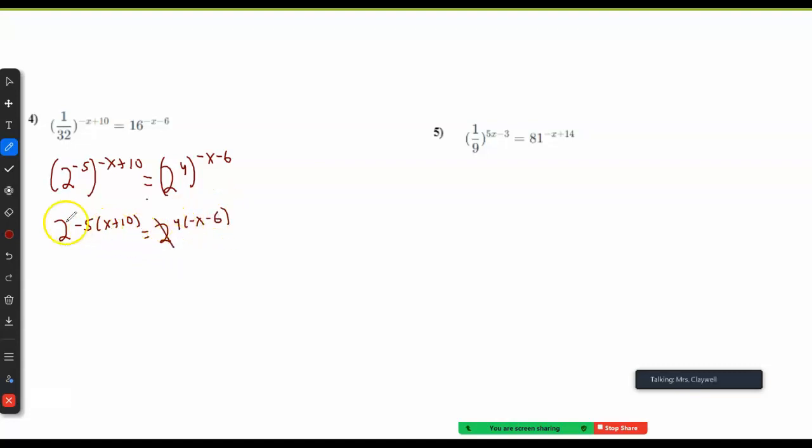Now that my bases are the same, I can set my exponents equal. If you want to do this in less steps, that's fine.